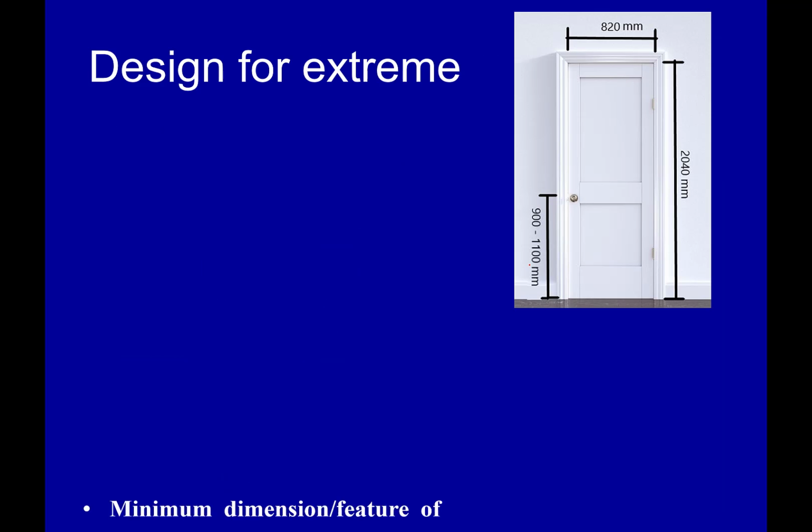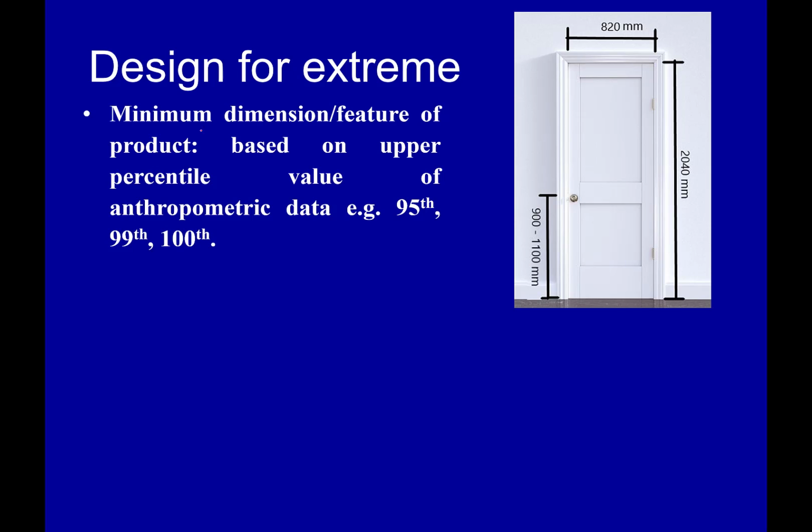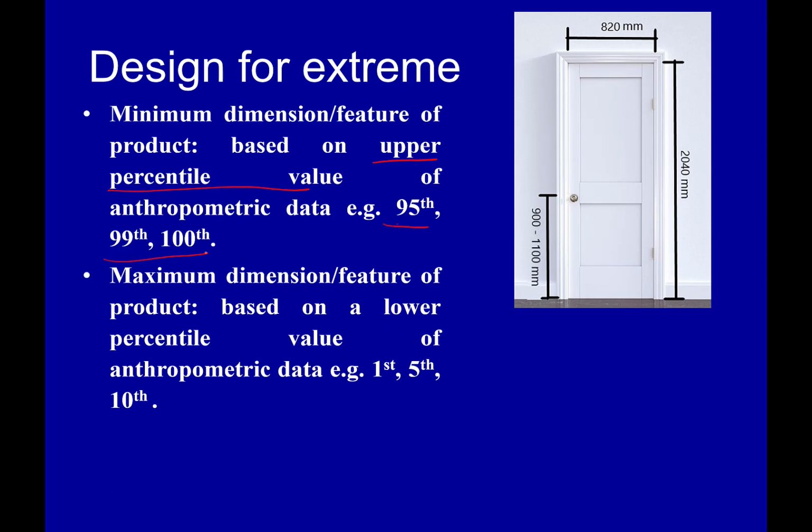So what is the logic which is used here? The minimum dimension or feature of the product is based on the upper percentile value. Minimum it will be 6.5 or 7 or 5.5 or 6, based on the percentile of the people that we want to cover, so the anthropometric data is used accordingly.